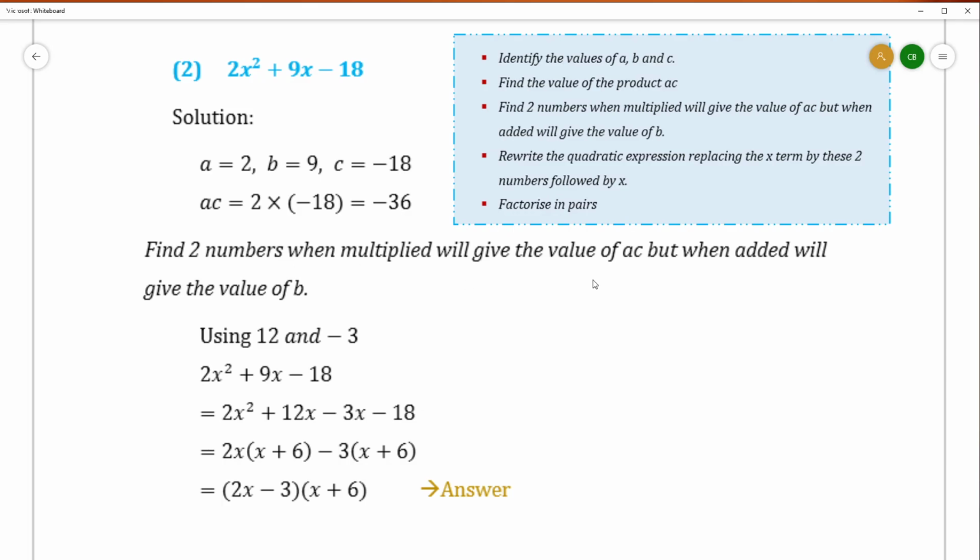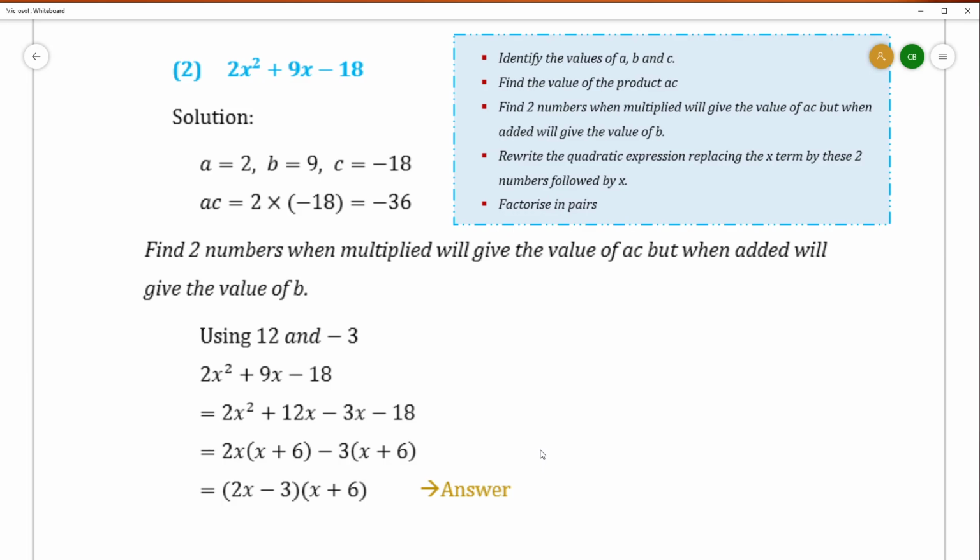Find two numbers that when multiplied will give AC, but when added will give the value of b. In this case, we want two numbers that when we multiply we get minus 36, but when we add them we get the value of b, which is 9. So again, we can start off by listing combinations of numbers that when multiplied will give minus 36, just as we did before.